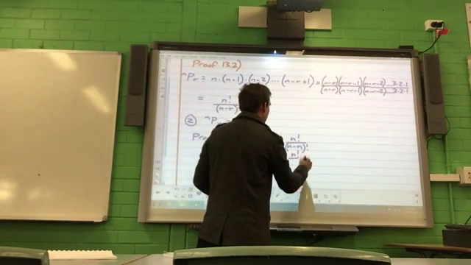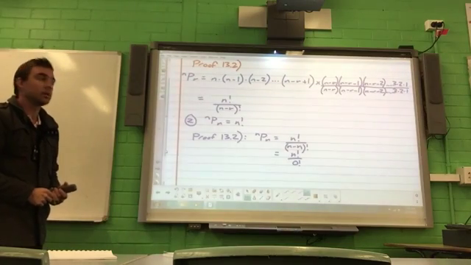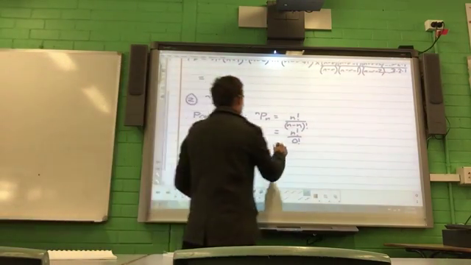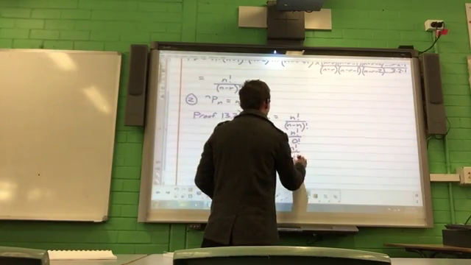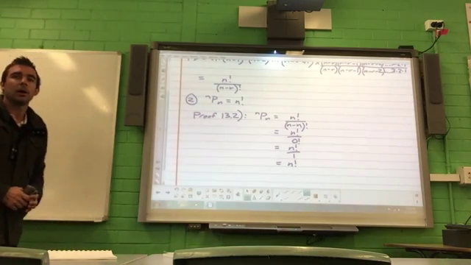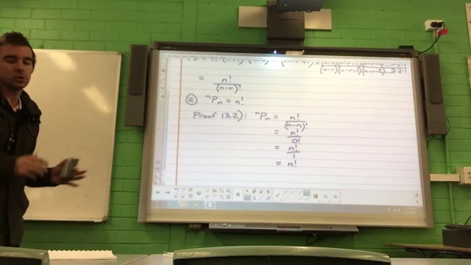So n factorial over 0 factorial, which is 1. So n factorial over 1, which is n factorial. Like I said, this will become clearer once we do some examples.